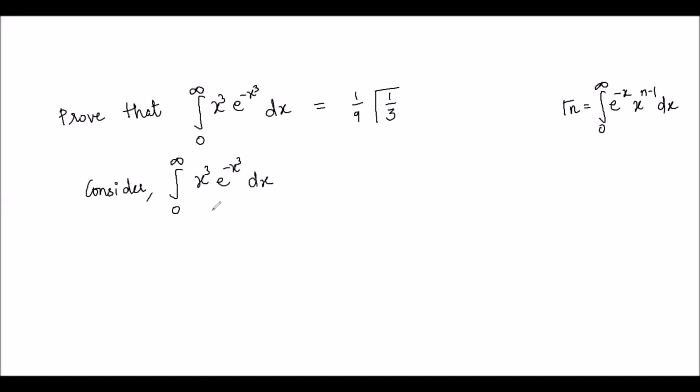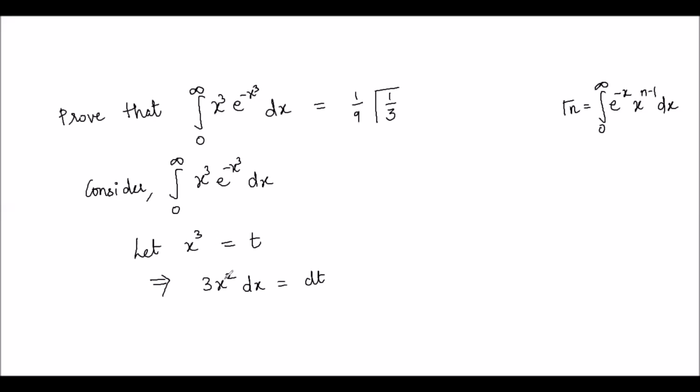Now let us assume here x cube as t. This will give us, let us find out the relation between dx and dt. This will be the relation between dx and dt.